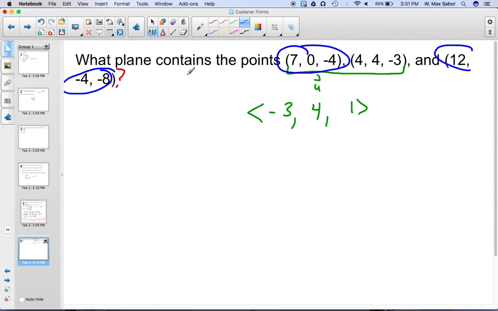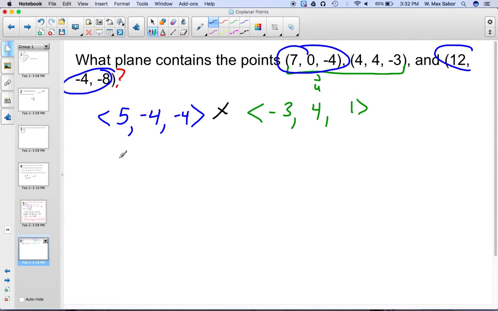So 7 to 12 is 5. 0 to -4 is -4. -4 to -8 is -4. It doesn't matter which one we use as long as we use two different pairs of points. So it also doesn't matter what order we take the cross product in.